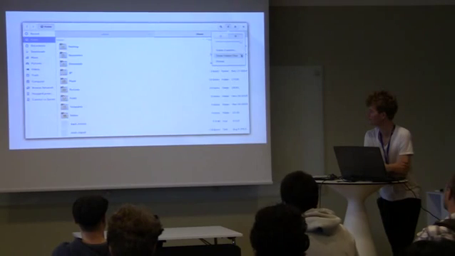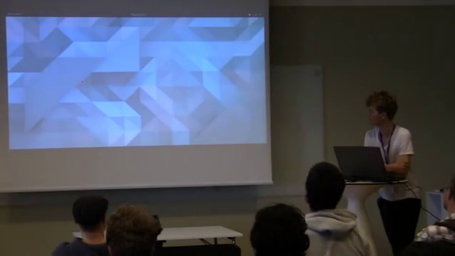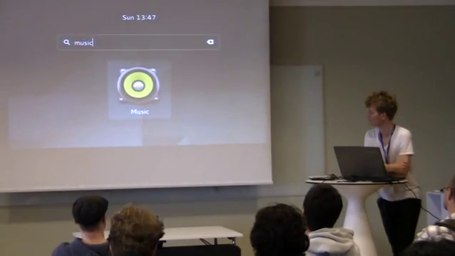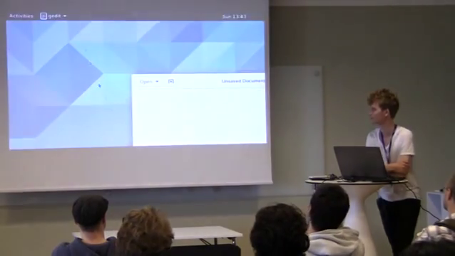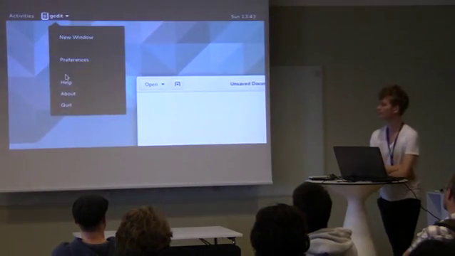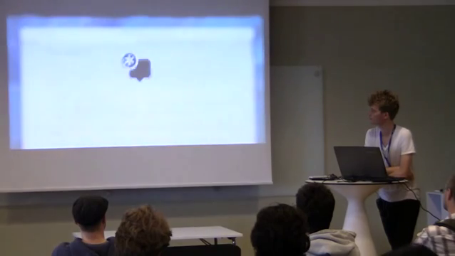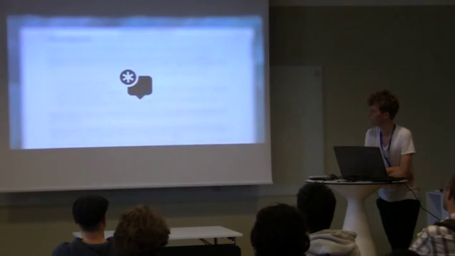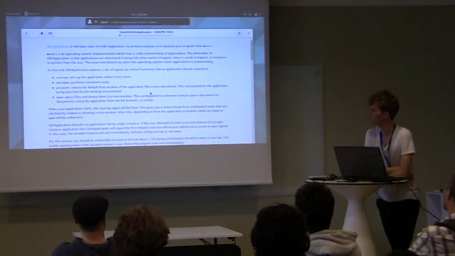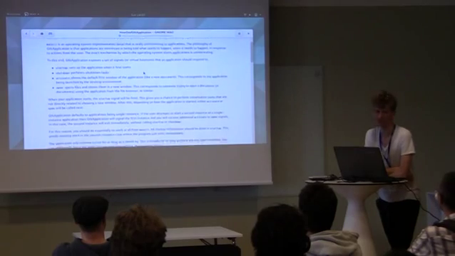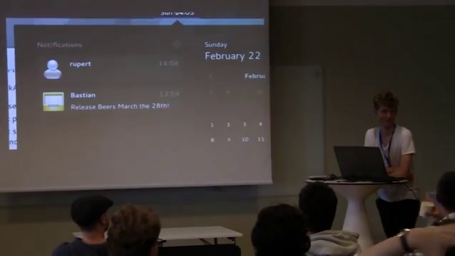GNOME 3.16 also brings new visuals to GNOME Shell. This includes the Activities overview, the Application menu, and the System menu. GNOME Shell also provides an improved design of the notification system. These improvements aim to make notifications in GNOME more discoverable, but also easy to get out of your way.